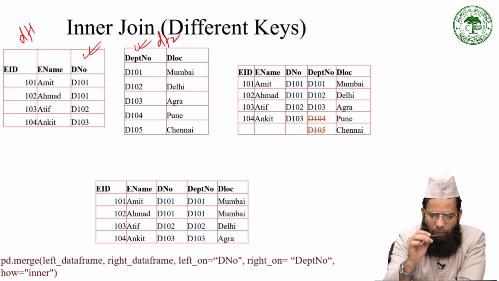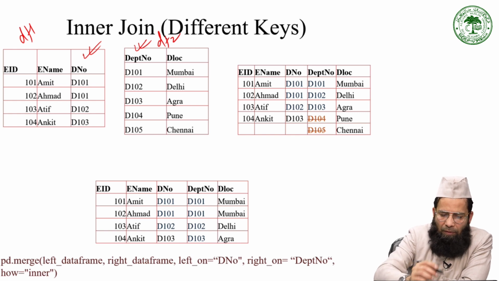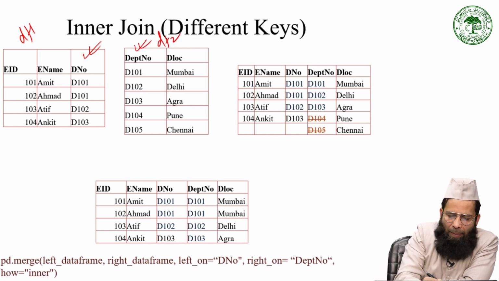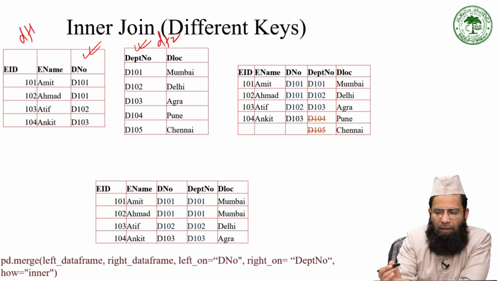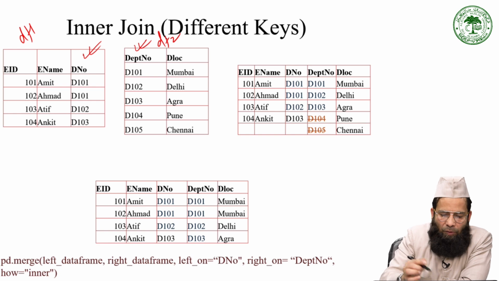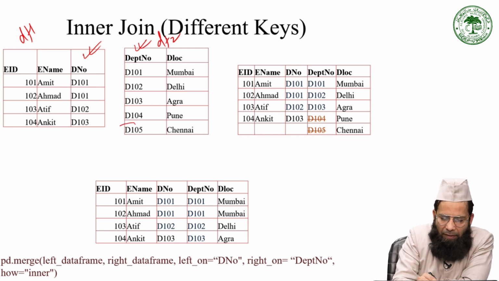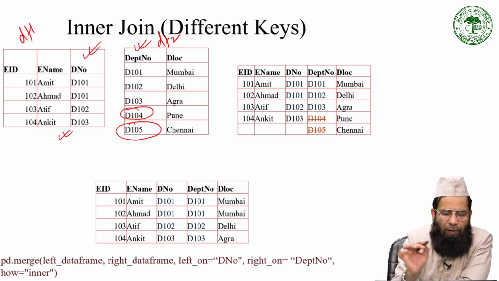If you apply inner join, only the matching rows would be part of the final merged data frame. For this particular department number, D105, there is no matching row in df1.